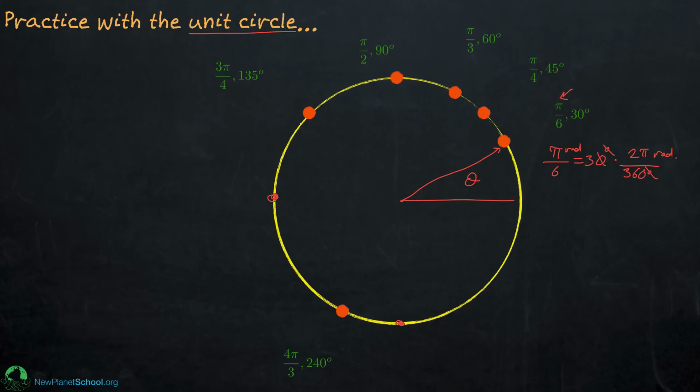I can always cancel the zeros. 3 into 36 is what? 12. And then on top I have 2 pi radians. Can cancel a 2 on top and bottom, and I get pi over 6 radians, and it all checks out. So you can go through all of these and make sure they check out. It's a great way to make sure that you completely understand it.